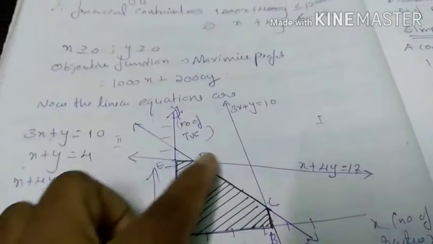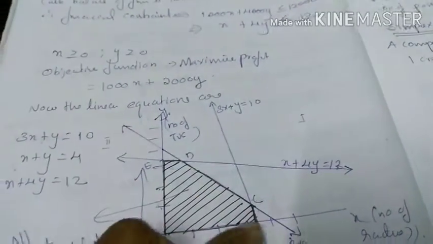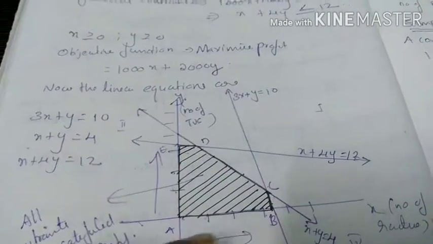So we have to choose points, that is point E, D, C, B, A, all satisfy this profit-maximizing constraint.